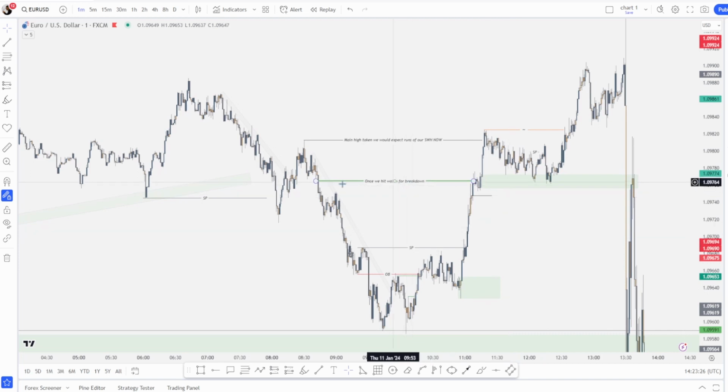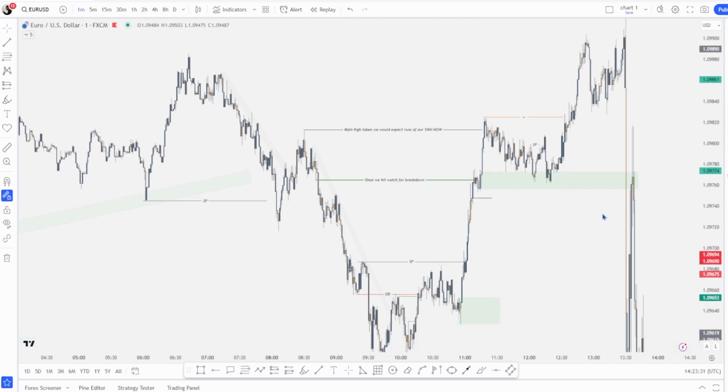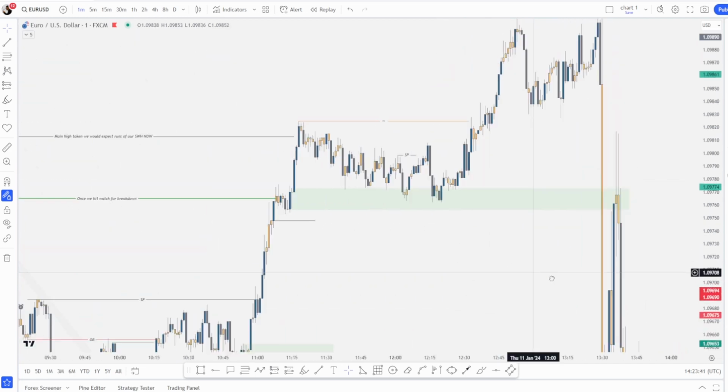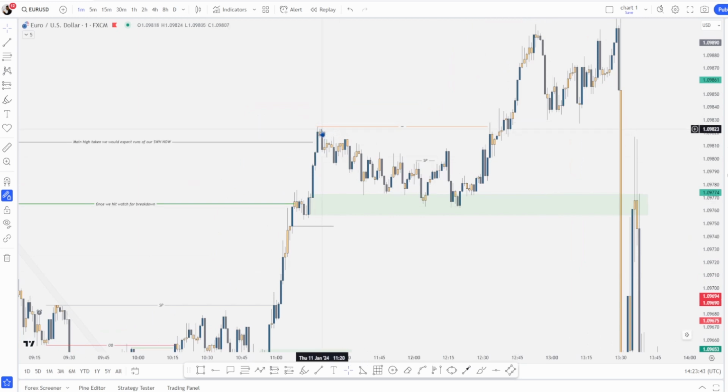We ran our origin, we ran the main high, we pulled back into the nearest area of demand. We created a miniature version of the same scenario here. You can see that we're putting in a high.